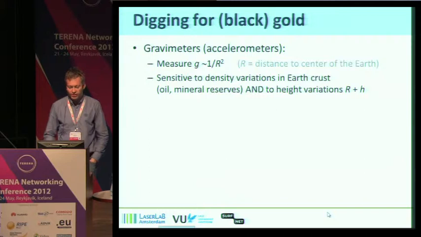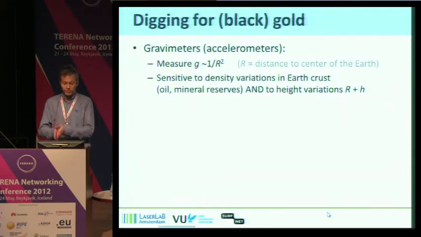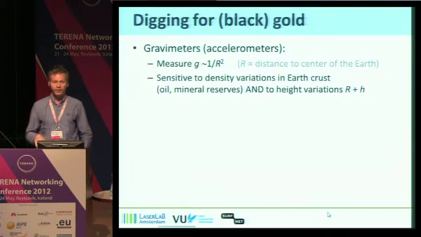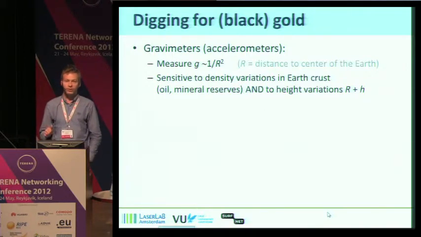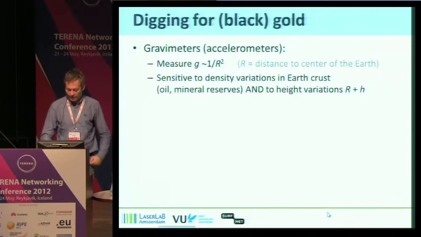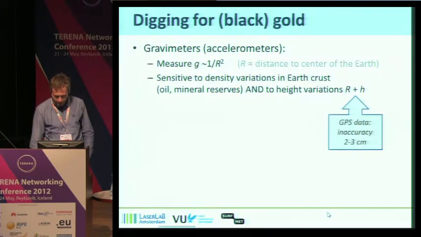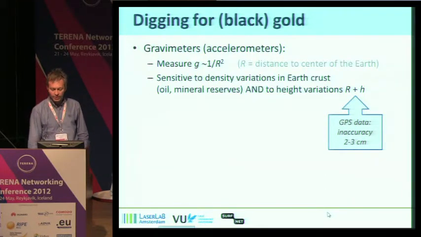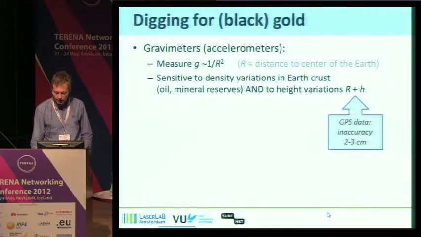And therefore they are sensitive to density variations right below our feet in the Earth crust, but they're also sensitive to height variations. And they actually cannot distinguish between a density variation or a height variation that happens unnoticed. And here you're limited by this GPS data with this inaccuracy of about 2 to 3 centimeters.